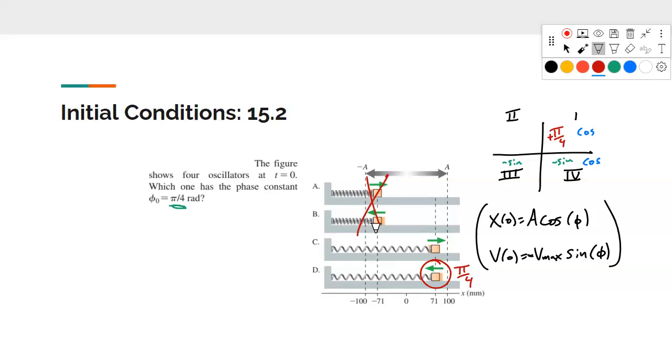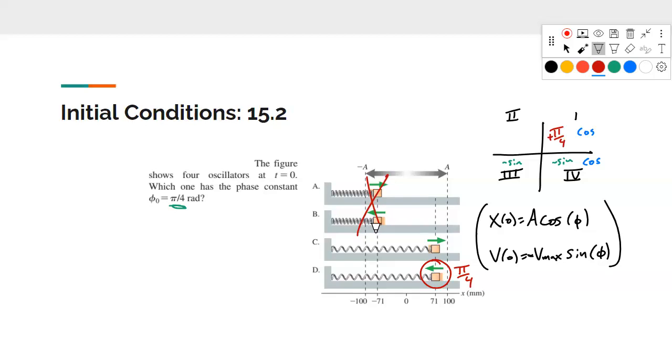So you can think about where these functions are positive and negative based on the 4 quadrants of the xy plane, and let that give you a hint about where we expect the phase to be based on our initial conditions. This can be really helpful when you're trying to narrow down what angle you're supposed to have in your equation, or if you're working backwards like we are here, and we're trying to figure out which image matches our phase.